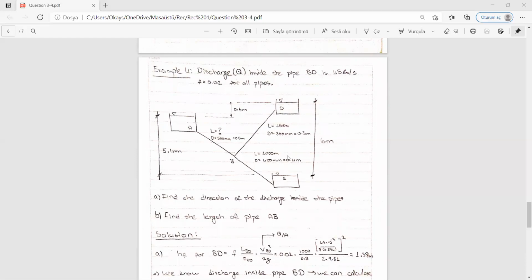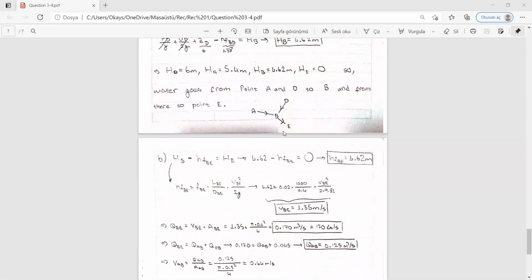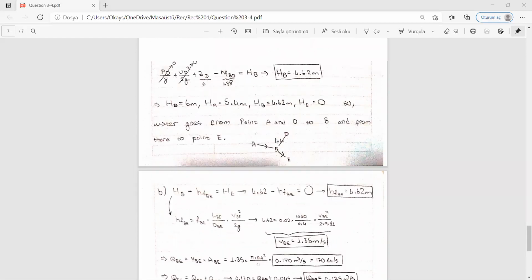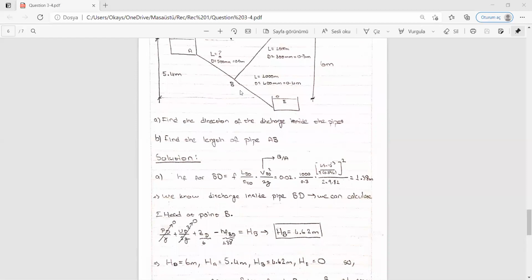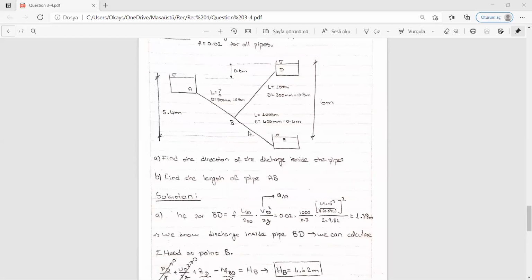So to find the discharge in pipe BE, first of all, we need to calculate the head loss happening in pipe BE, and then we can find it. So how can we calculate the head loss in pipe BE? It's simple. We know the total head at point B, right? And we said we don't have any minor head loss. And we know the total head at point E as well.